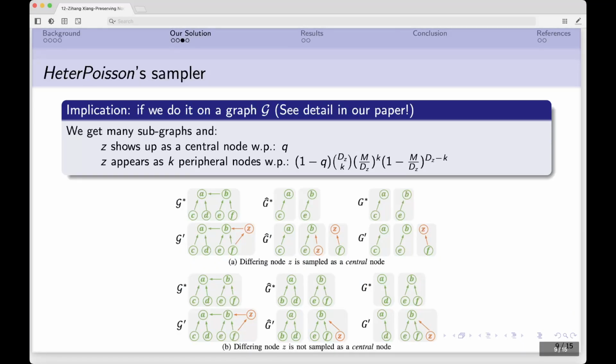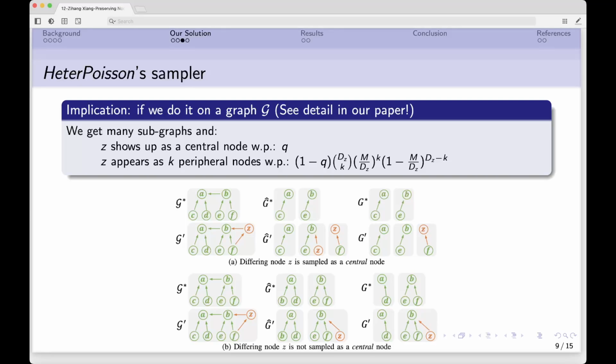So let's see what happens if we apply the sampler on some graph dataset. Due to the time and space limit, I'm not going to go through every detail of the algorithm, so please check our paper. The critical point I want to show in this slide is that the outcome the sampler ensures is the following.